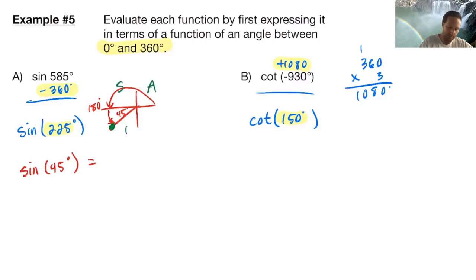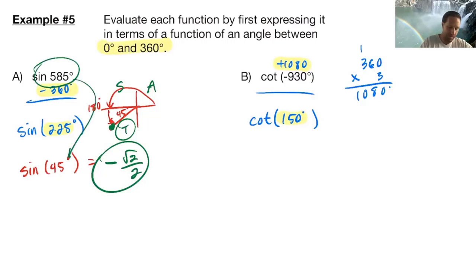So, of course, take care of your signs. No pun intended. Because the sine of 45 is root 2 over 2. As long as we got that negative there, we know the answer to the sine of 585 is the same as 225. So the last one here, cotangent of 1080, we added on to that negative 930 to get 150. So now all we have to do is figure out where that is located.